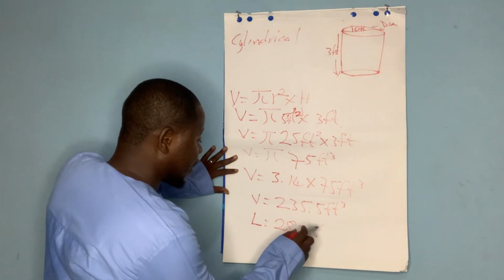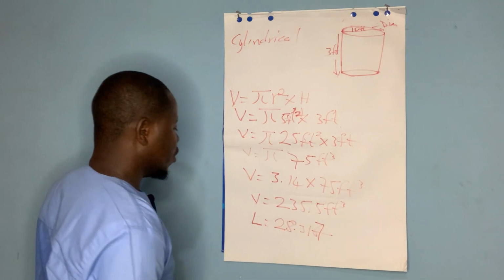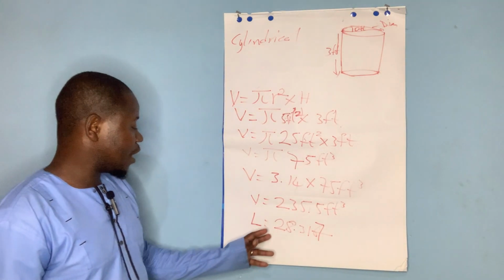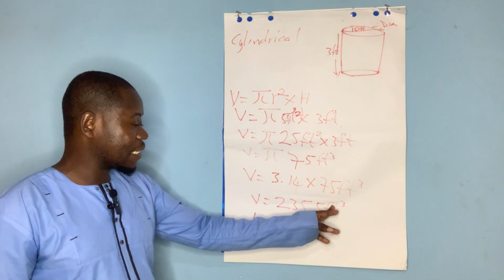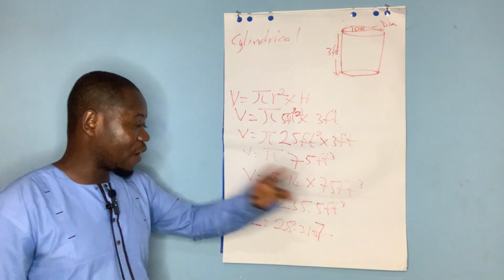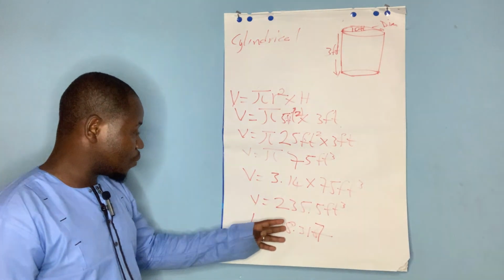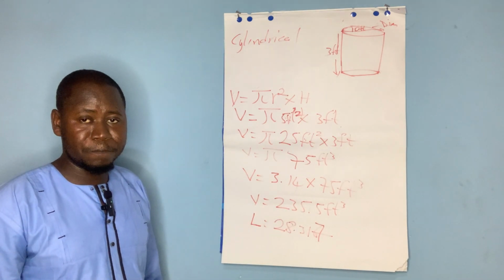Okay, since I'm writing it to an approximate figure, 28.317. So now we simply multiply this by that so that we can get it in liters. So simply we are converting this back to liters.